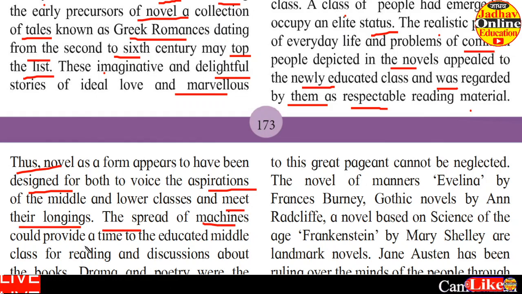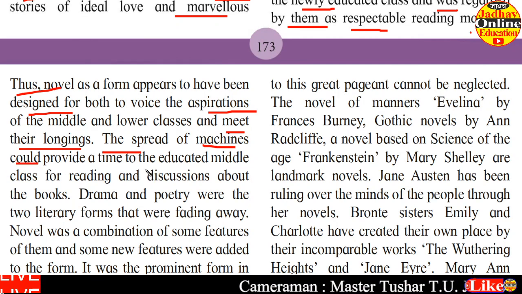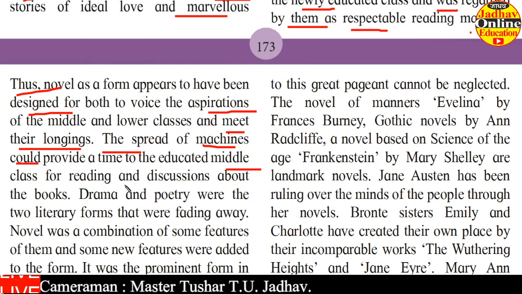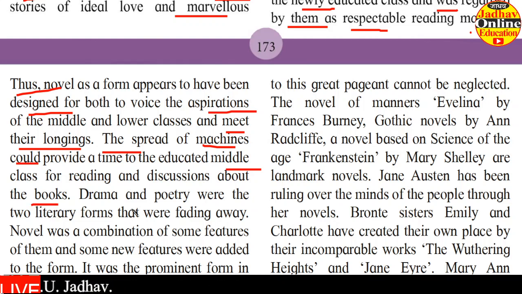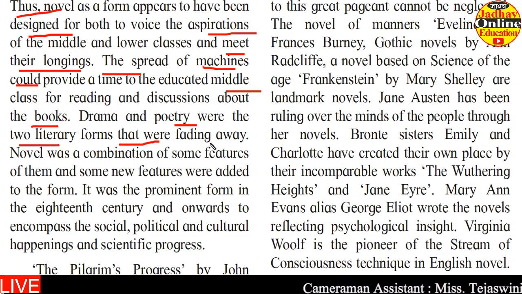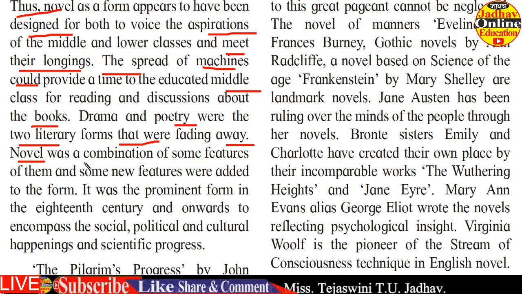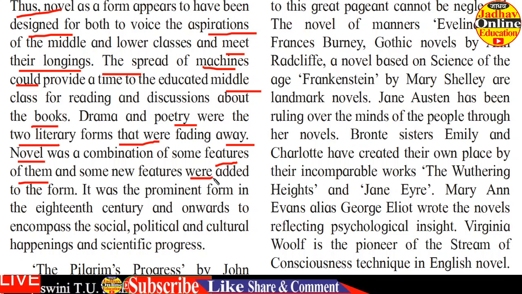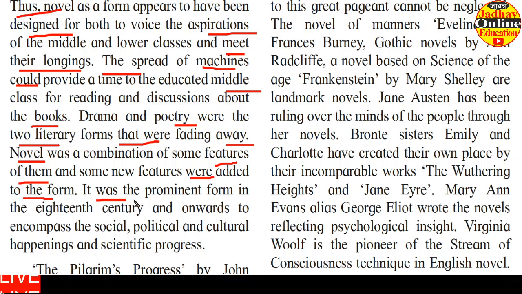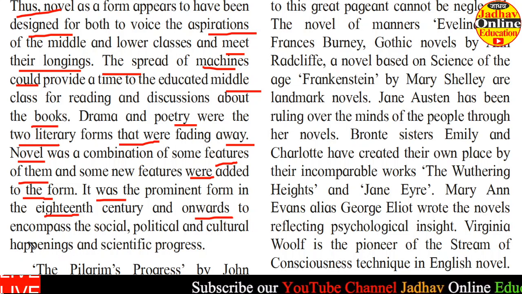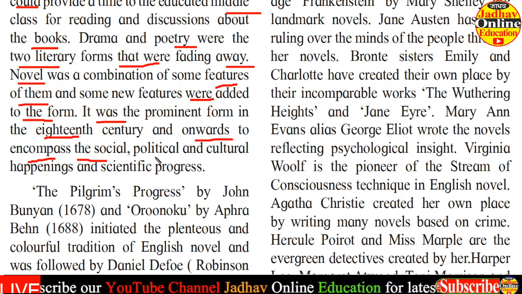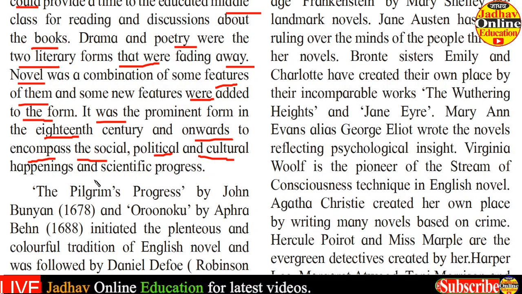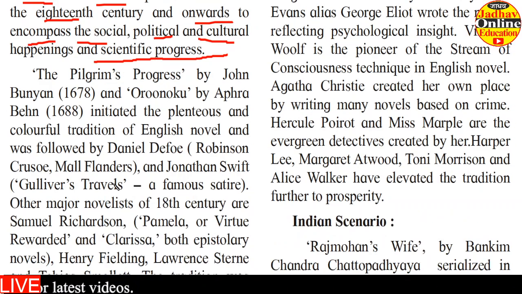The spread of machines could provide time to the educated middle class for reading and discussions about books. Drama and poetry were the two literary forms that were fading away. The novel was a combination of some features of them, and some new features were added to the form. It was the prominent form in the 18th century and onwards, encompassing social, political, and cultural happenings and scientific progress.